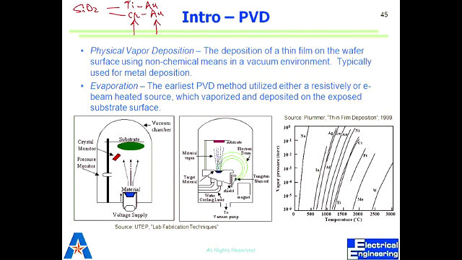Once I get to my vacuum, I start heating it up. I can heat it with just a heating coil, or I can use E-beam, an electron beam to heat a spot in that crucible. Once it melts, I have a meter, like a dosimeter. Basically, it's a crystal that measures the thickness change as the material is coming out.